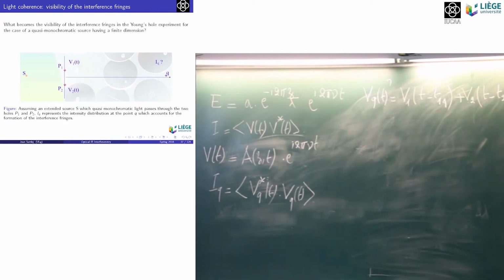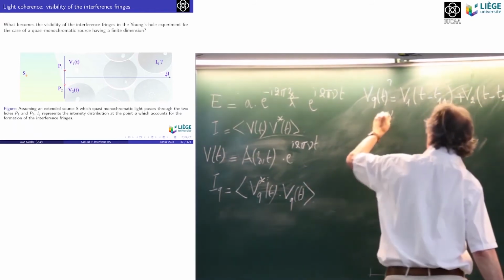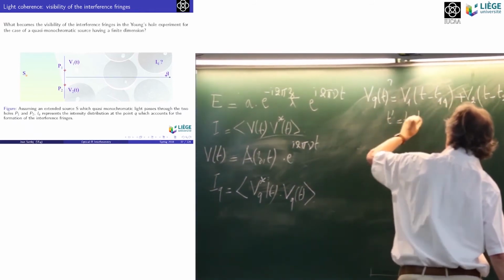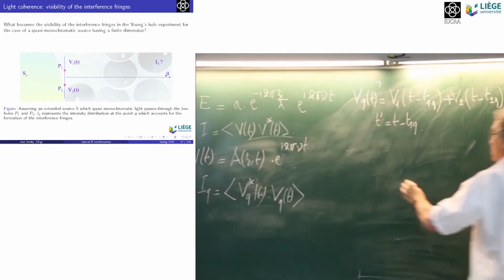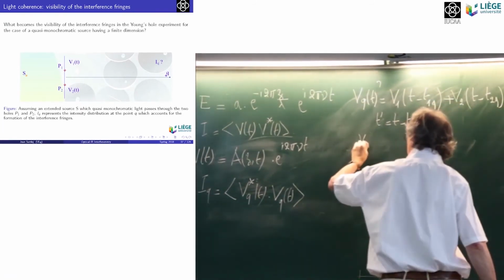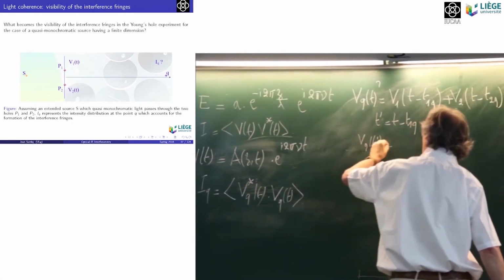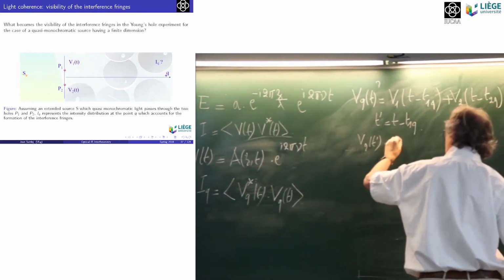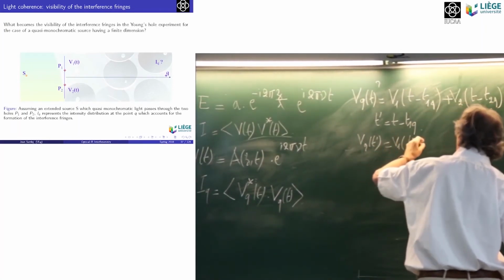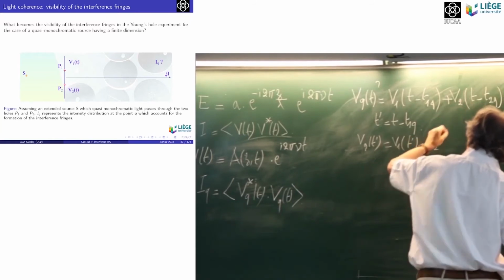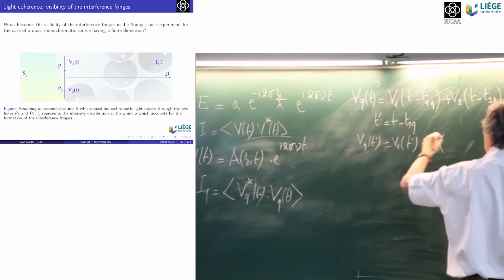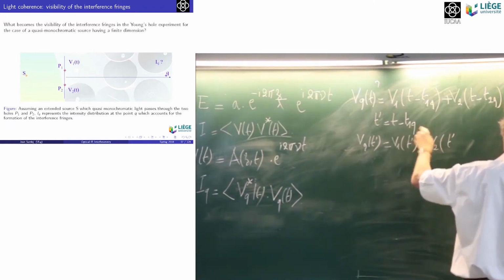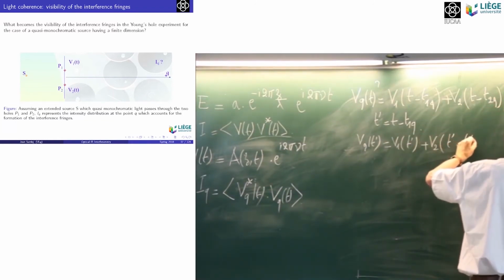Now I will make just a translation in time. Let's assume that I define T prime equal to T minus T1Q. So VQ as a function of time T prime is equal to V1 at the time T prime plus V2 at the time T prime minus (T2Q minus T1Q), since T is now equal to T prime plus T1Q.